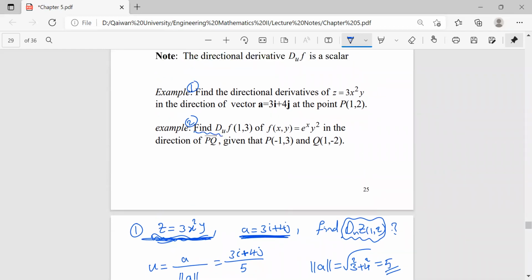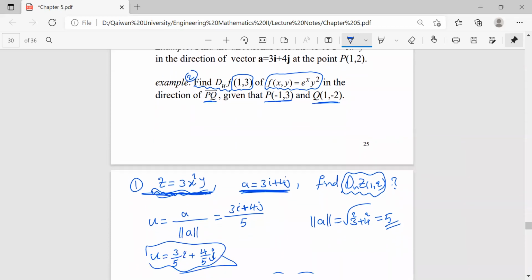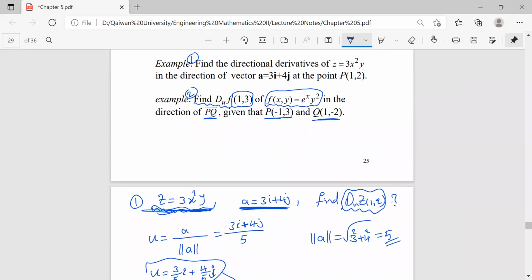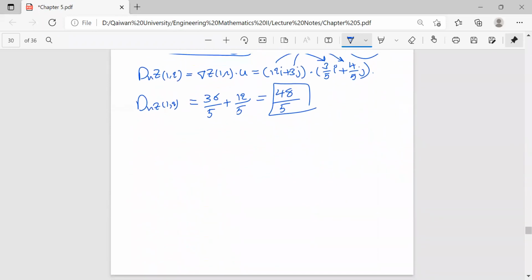It says find the directional derivative at 1 and 3. We have given the function f of xy equals e to the power x y squared, in the direction PQ, given that P is this point and Q is that point. When it says P to Q, it means at point P in the direction of Q. Let's write down the given information.